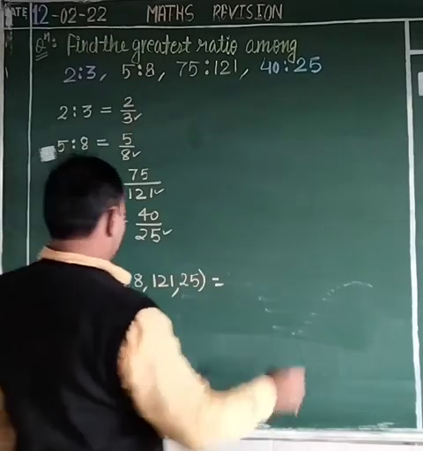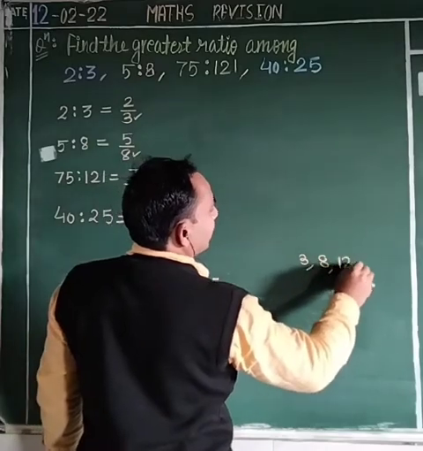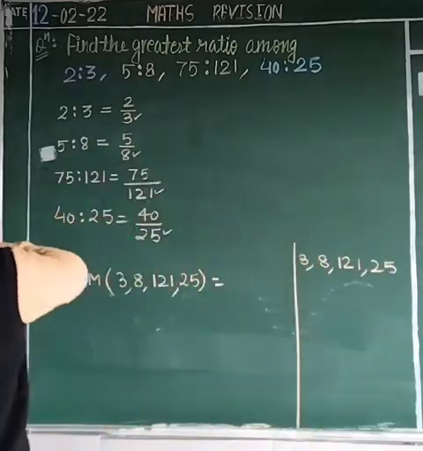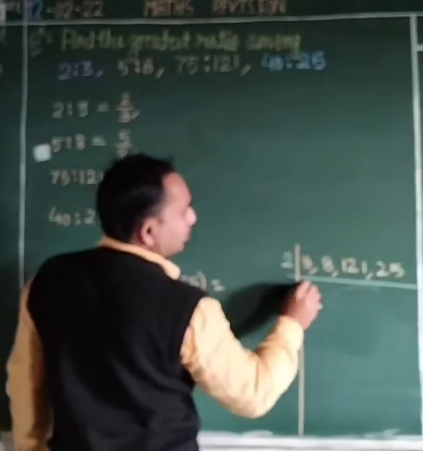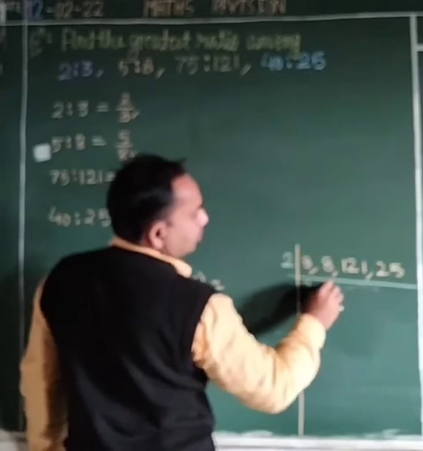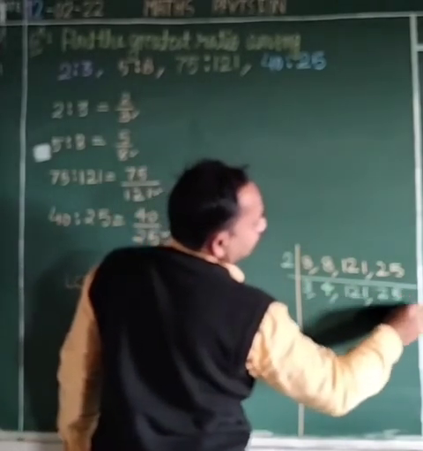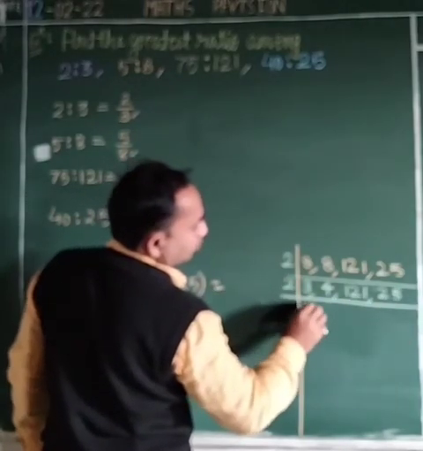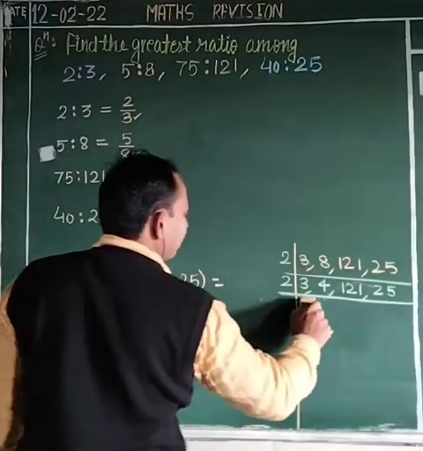How? Let me tell you the LCM of 3, 8, 121 and 25 by the linear method. Divide the numbers which are divisible by 2, and the remaining numbers stay as they are. 3 is not divisible by 2, so it comes down as 3.